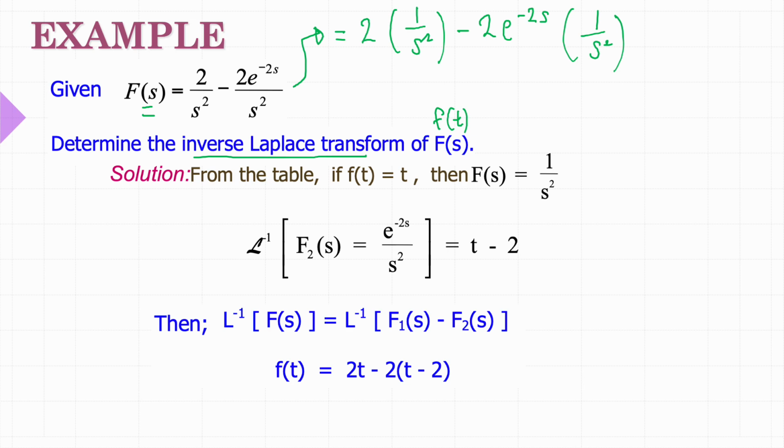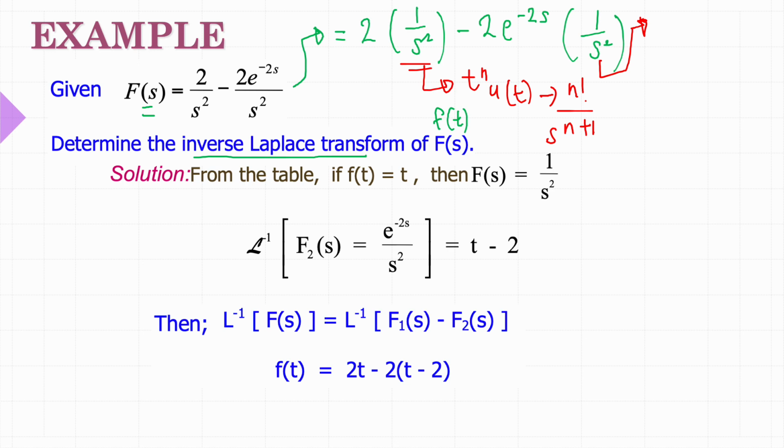So if we look at the table, 1 over s squared is similar to t^n u(t), where in S domain it will be n factorial over s^(n+1).